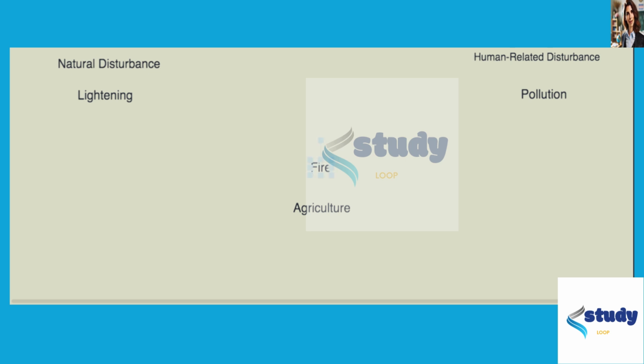So fire is one of those things that could probably be both, depending on who is causing what. A lightning could start a fire. Fires are also naturally occurring chemical processes, but fires can also be started by humans.